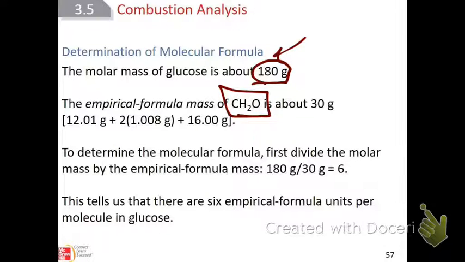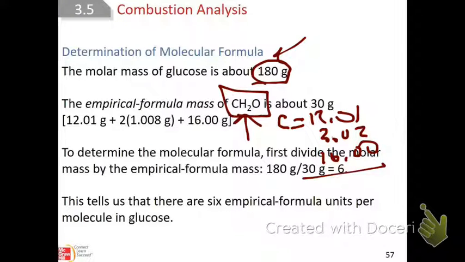What you do is you're going to find the molar mass of our empirical formula. So let's take our empirical formula that we found, our C1H2O1, and let's find its molar mass. Well, carbon, that's 12.01. Hydrogen, we have 2 of them, remember, and each one is 1.01, so that's 2.02. And then oxygen, remember, is 16.